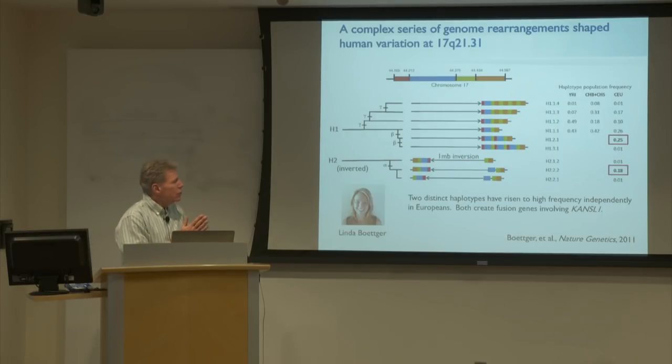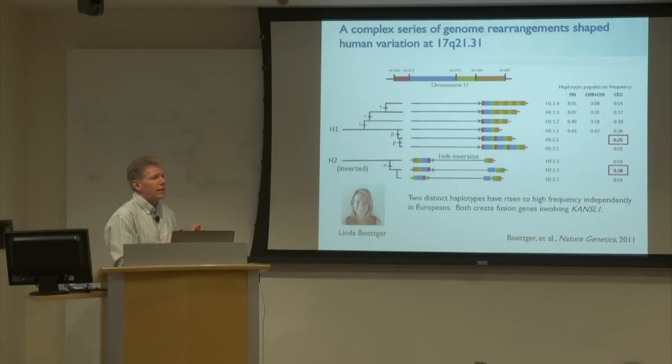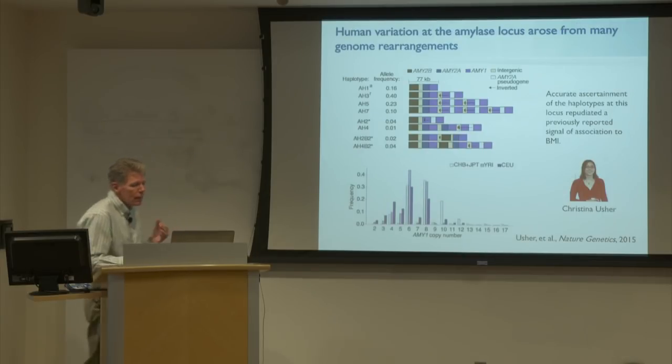And Linda found that 2 of these haplotypes in particular have gone to very high frequency, mostly in Europeans. Both of them, as it turned out, created fusion genes involving this gene called KANSL1. And this is a locus that's been associated with several different phenotypes, including fertility phenotypes.